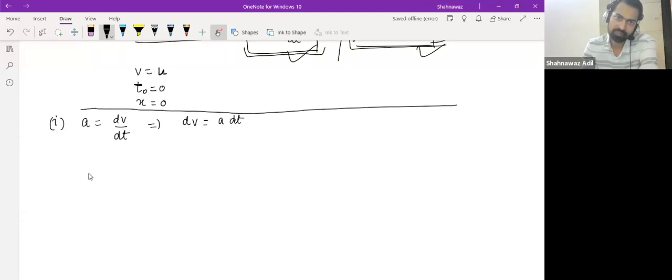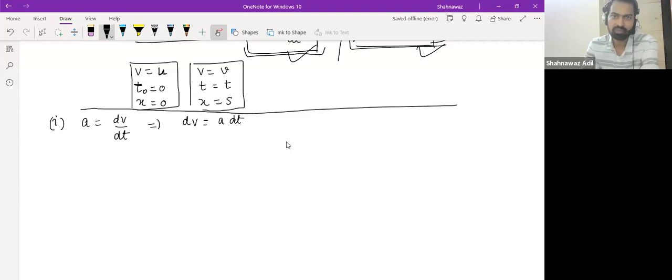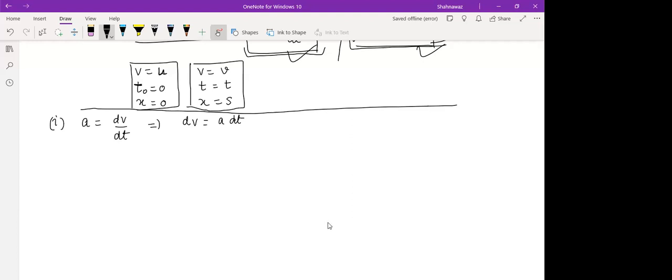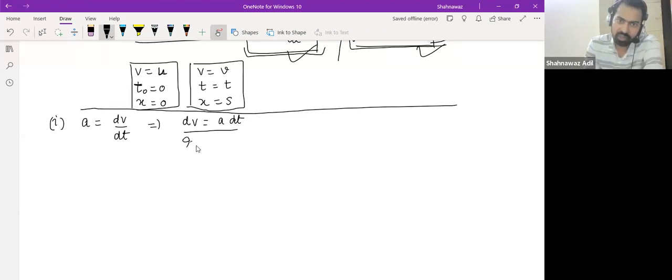At the final time, my final velocity is v, the final time is t, and my position is, let's say, s. This is the information that we have. Is this clear? Yes, sir. Okay, now we will integrate on both sides.